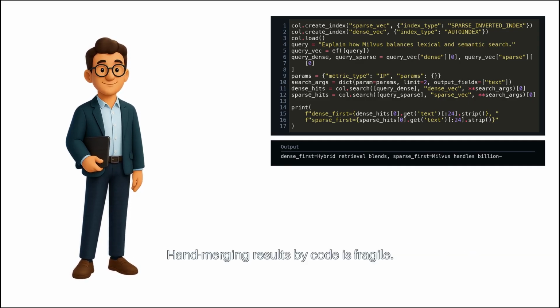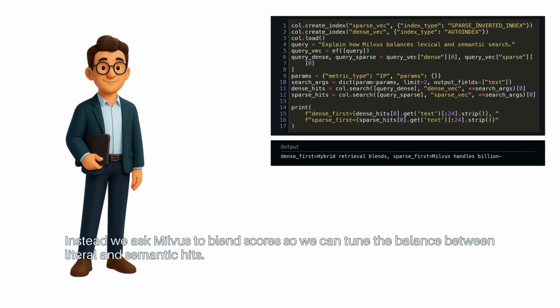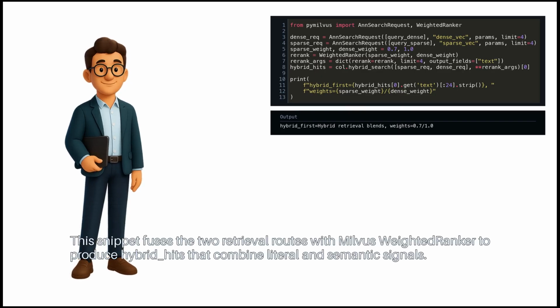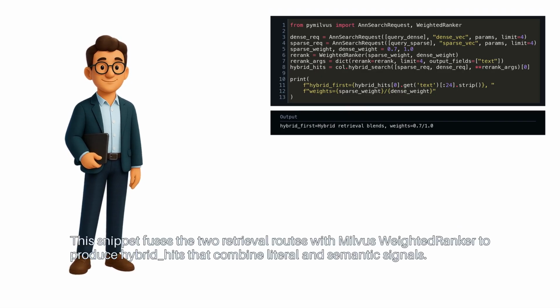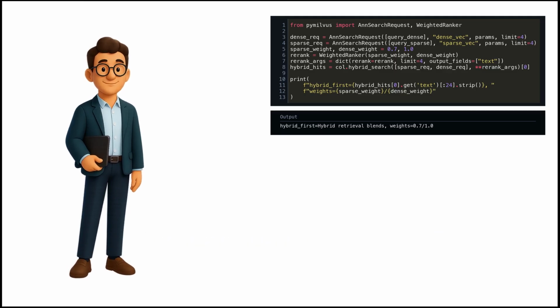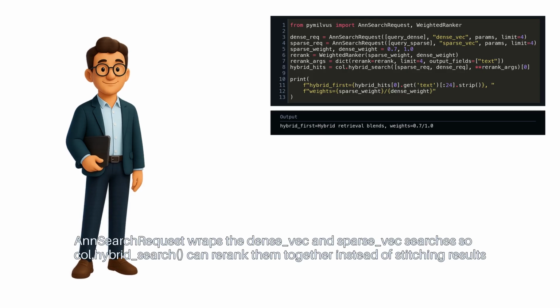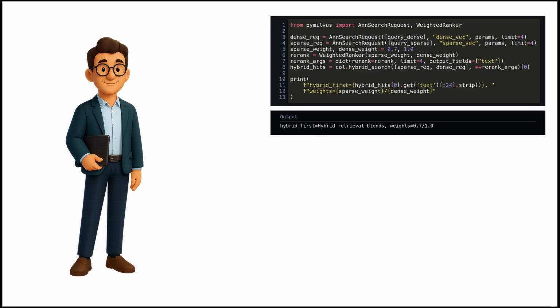Hand-merging results by code is fragile. Instead, we ask Milvus to blend scores so we can tune the balance between literal and semantic hits. This snippet fuses the two retrieval routes with Milvus WeightedRanker to produce hybrid hits that combine literal and semantic signals. An AnnSearchRequest wraps the dense_vec and sparse_vec searches, so collection.hybrid_search can re-rank them together instead of stitching results manually.